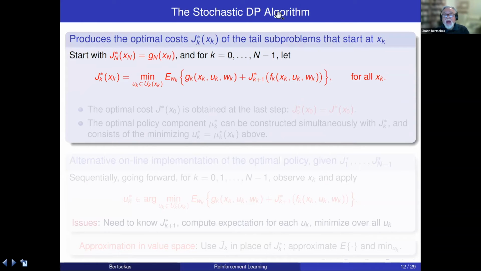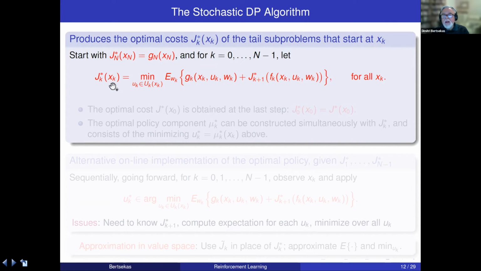So here's the stochastic dynamic programming algorithm. Like the deterministic algorithm, it produces the optimal cost of all the tail subproblems. This is the optimal cost of the tail subproblem that starts at stage k and at state xk. And we do this backwards. We start with a trivial tail subproblem at the end that involves just the terminal cost.